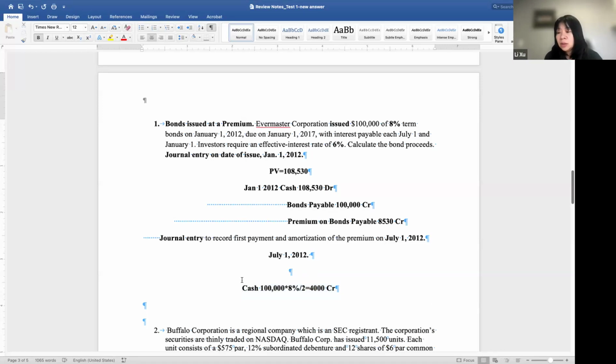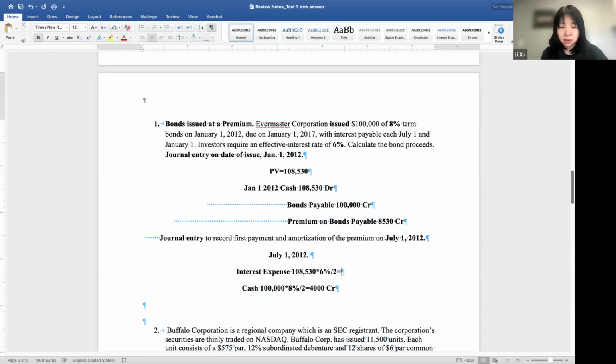Now you need to do this amortization. How are we going to do it? We can first calculate the interest expense. What is the interest expense? It's how much money you borrowed, which is the beginning balance, multiplied by the market rate, 6%, and divided by 2, just for half a year.